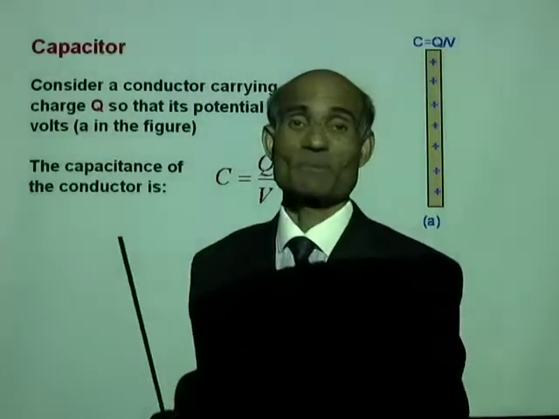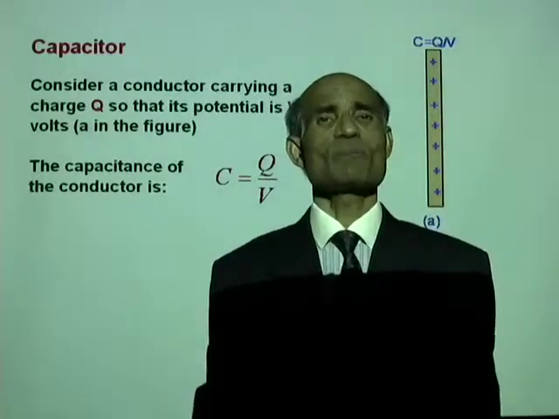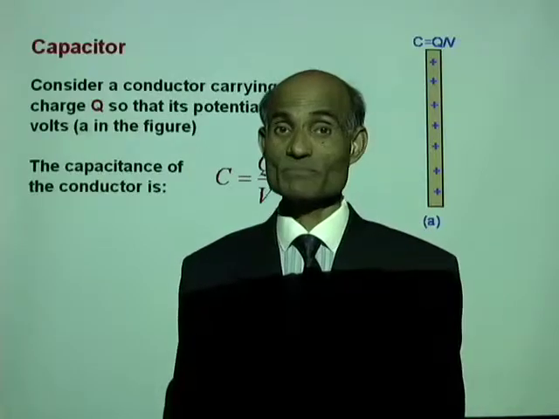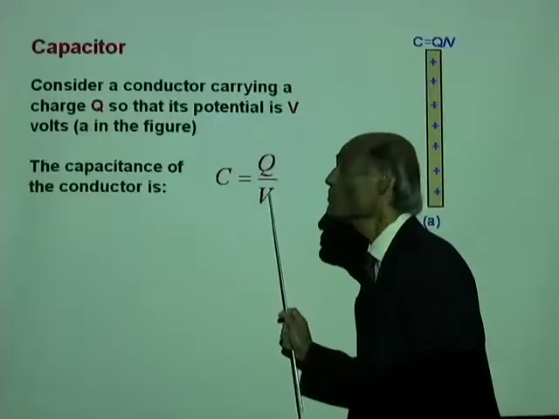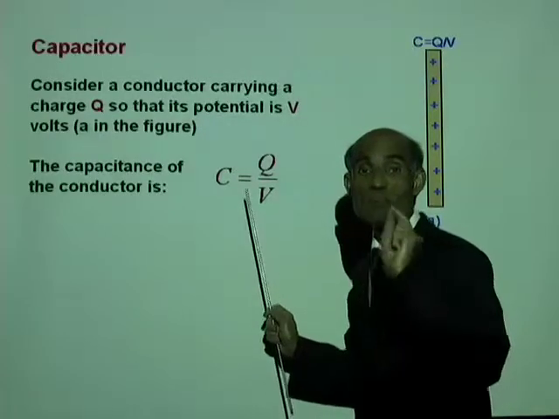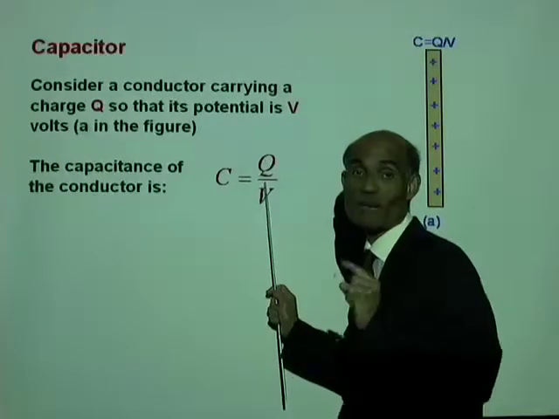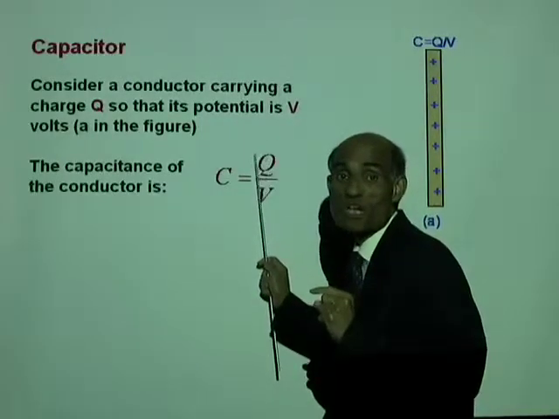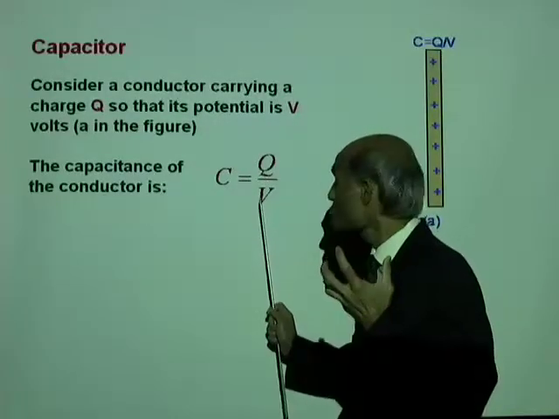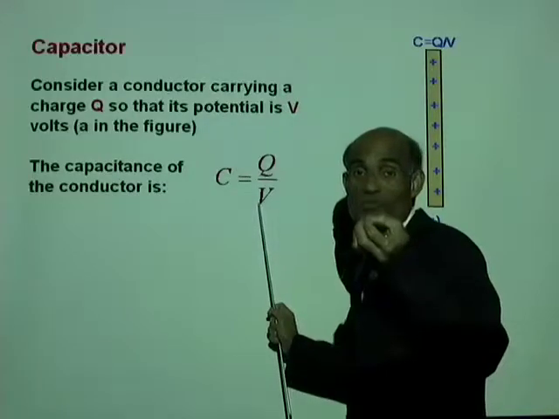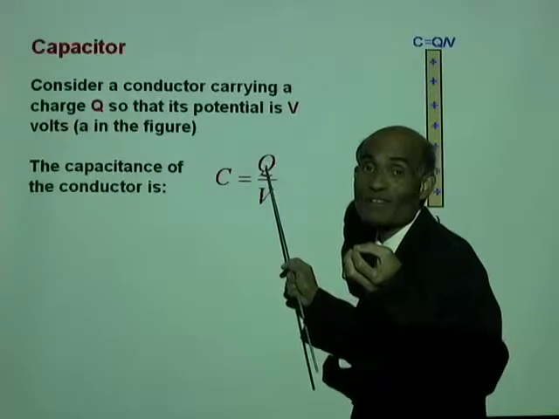Now tell me, is it possible to increase the capacitance of this conductor? Well, you know that capacitance is Q over V. If by any means I can reduce the potential of that conductor without changing the amount of charge on it, that means in order to increase that potential back to the original value, I then need to put more charge in it.